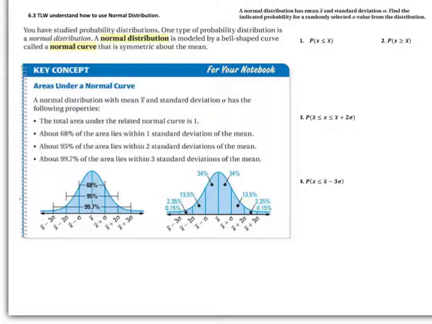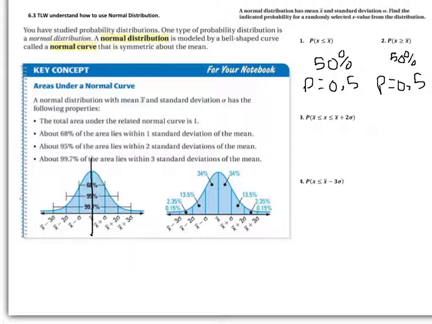If you just go less than the mean, that would be 50%, or 0.5. The probability you're greater than the mean is also 50%, or 0.5, because the bell cuts it in half.